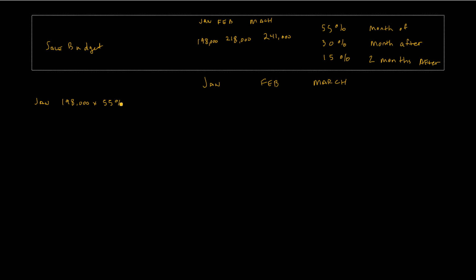And we run it through a calculator, because again, it's way too late to be doing this in my head. 198,000 times 0.55 gives me $108,900, right? But then I can go through and say, okay, in February, I'm going to collect 30% of January sales. And in March, I'm going to collect 15%, right?